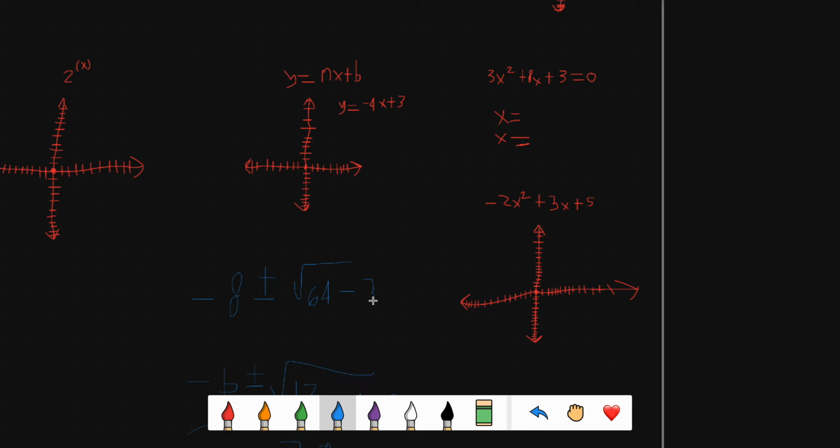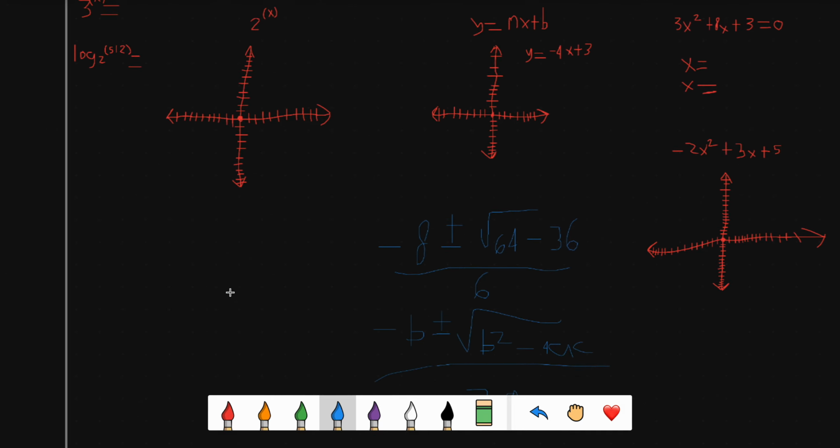So minus 8 plus or minus the square root of 64 minus 36, over 2a. 2 times 3 is 6. So 64 minus 36 is very easy. The answer will be 28.